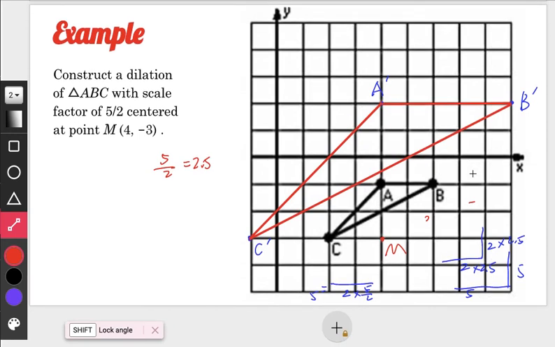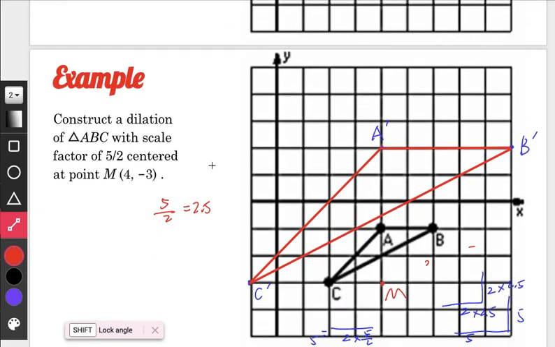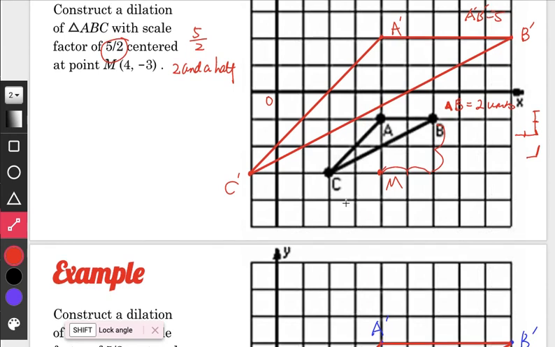Okay, that's all the methods I want to share with you today about how to deal with a half scale factor. It's actually very similar, right? You can always use this way to figure out how to construct a new dilation.